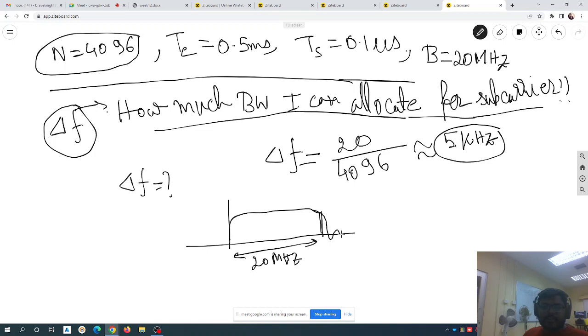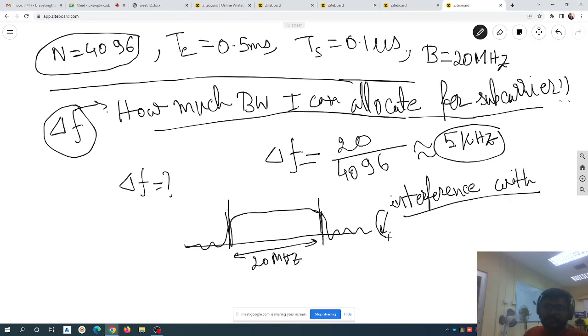This will have some sort of tails, and those tails will create interference with the next one. So that is what we do exactly: instead of using the whole band, we just use a part of it, we truncate it.